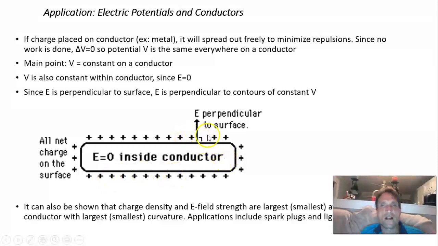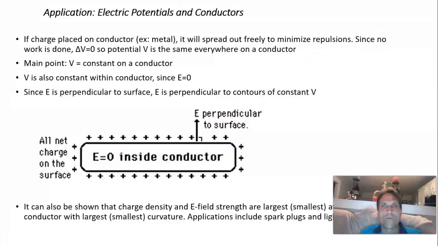So the charge will spread out over the metal, and since no work is done in doing this, the potential difference along the surface of the metal is zero. In other words, the potential at any point on the metal surface is the same. So a metal is an equipotential. The potential is constant everywhere on the metal surface.